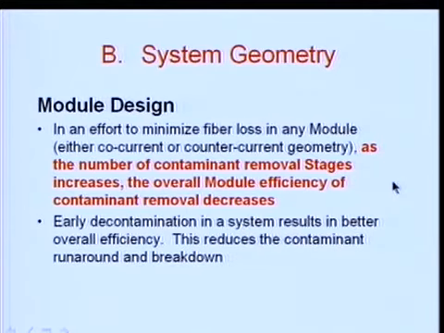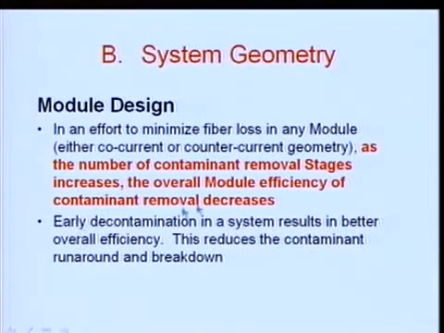So, module design. In an effort to minimize fiber loss that we already talked about, you increase the number of stages. As the number of contaminant removal stages increases, the overall efficiency of a module of contaminant removal decreases. In other words, if you go from one stage to two stages, your contaminant removal efficiency is going to be less.